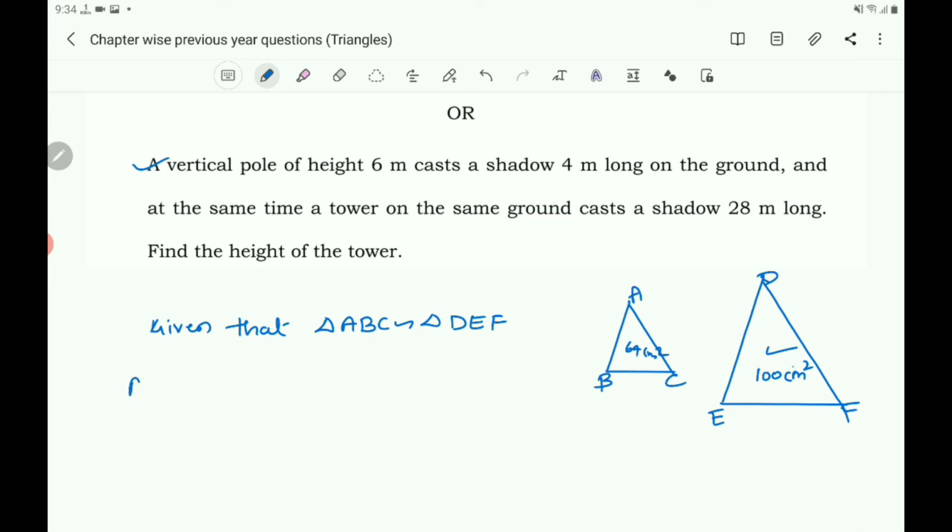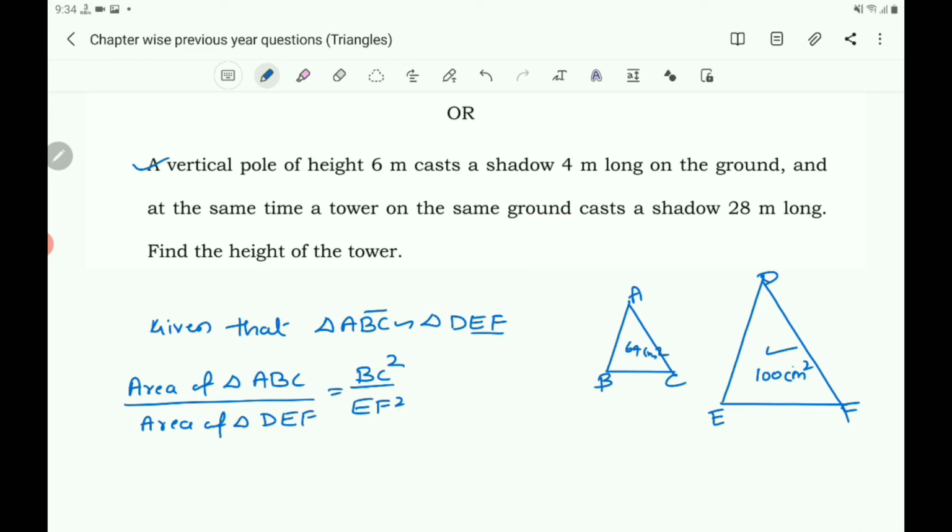Then you can take area of triangle ABC by area of triangle DEF equals what? BC square by EF square. It is discussed that BC and EF are the pairs of corresponding sides of the similar triangles.